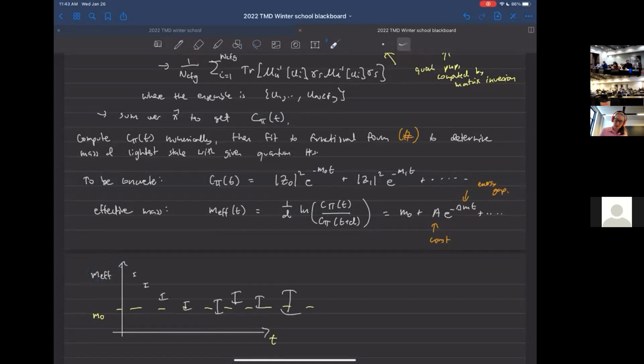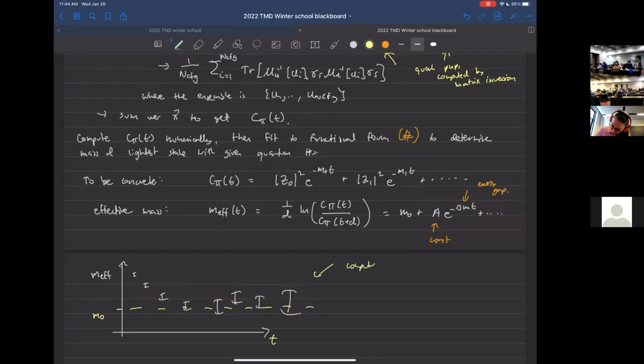So what you'll see is that you have some exponential contamination from excited states. It's called excited state contamination, right? That's from this damped exponential and everything else in the series that we've neglected. And then this effective mass function will plateau to what will be your ground state mass or energy m0. So typically you compute this thing with bootstrap or jackknife resampling to get estimates of the errors. And then this growth of noise here of the error bars is exponential with t, which we'll come back to more later if we have time.